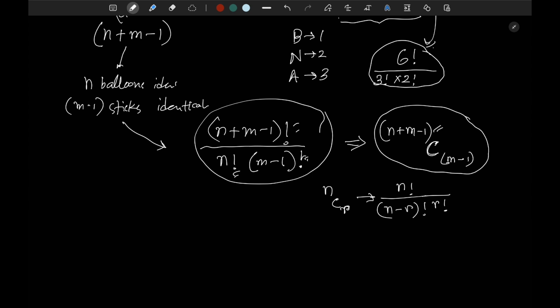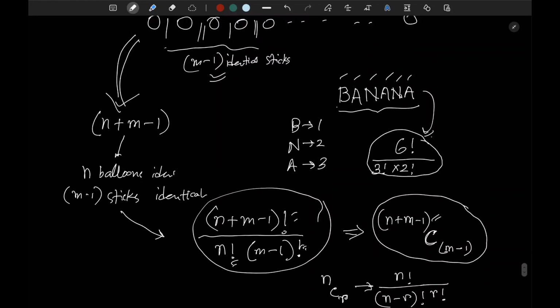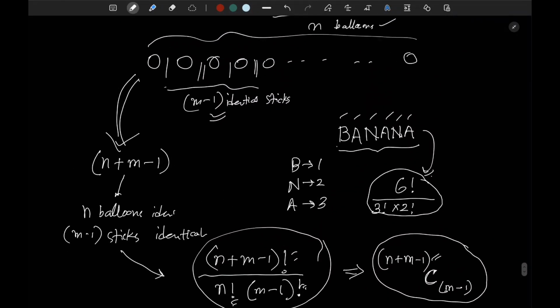Okay, now for this particular thing we have considered that the sticks can also be placed before the balloons or after the balloons. So in this case we could also have a bucket here and a bucket here, or we could have sticks in between two simultaneous sticks.